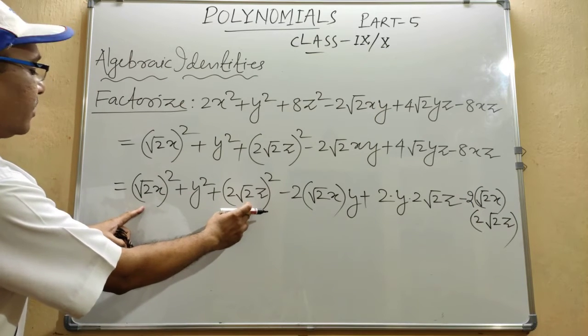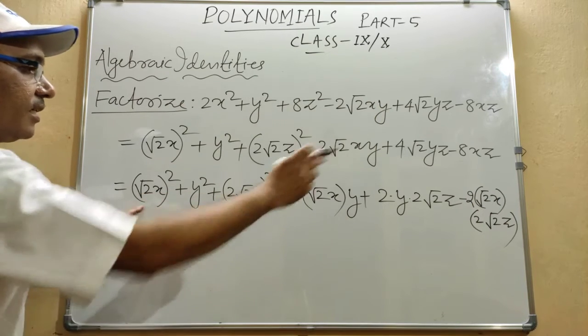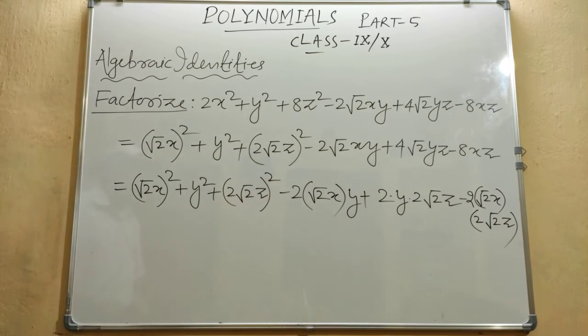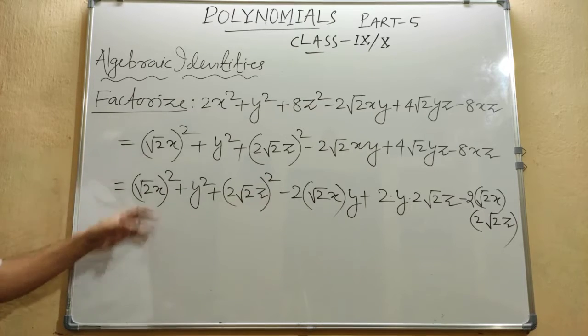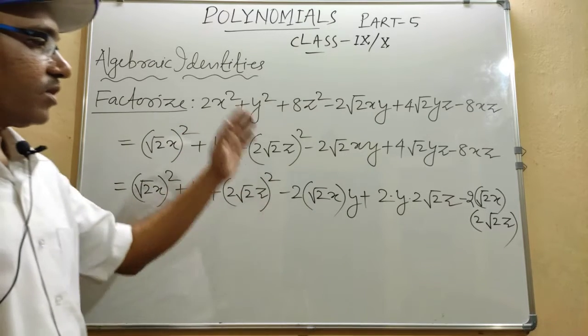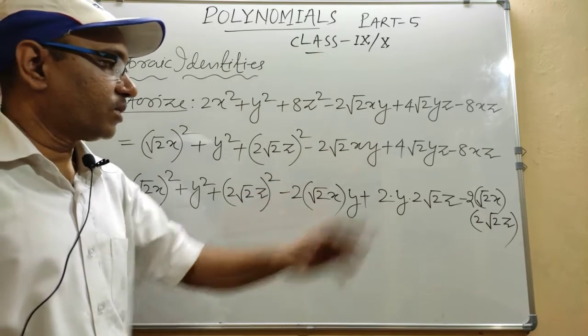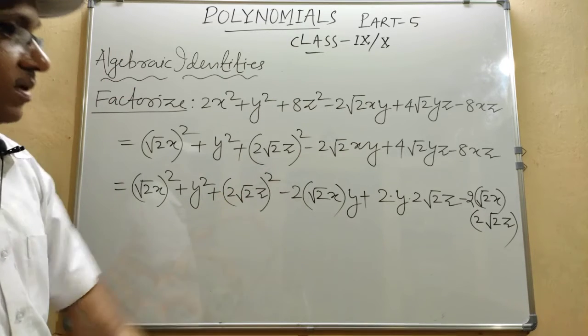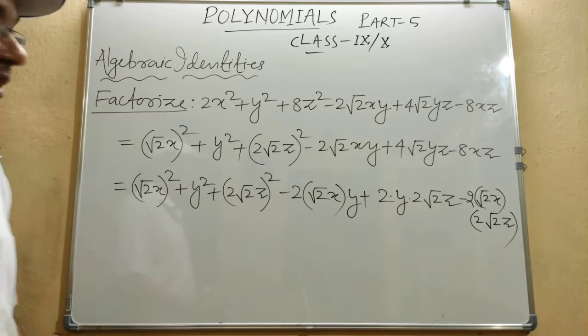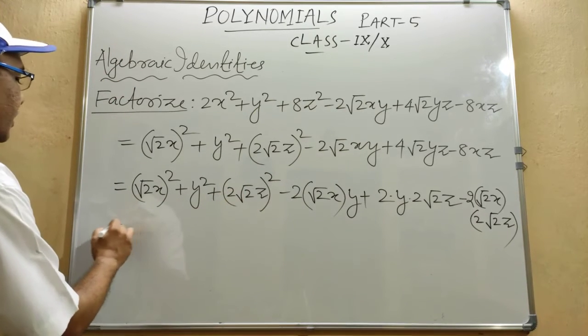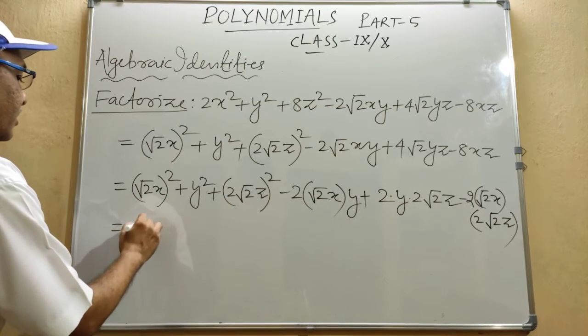See, that much will come. These are written, then these are written. In this way you have to adjust it as a square plus b square plus c square plus 2ab plus 2bc plus 2ca. Now problem is of sign. Let us see. This step is very important.